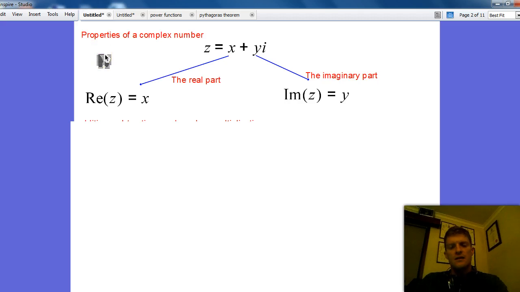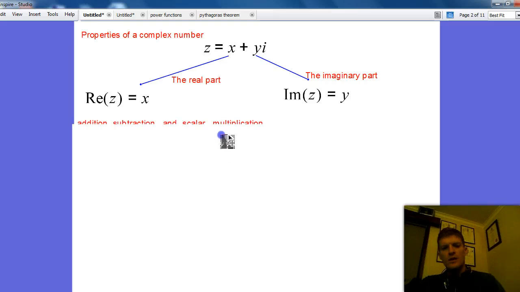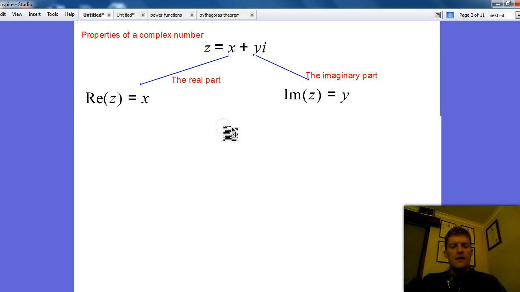It's just the number in the front. And then the imaginary part, Im of z, is the y, the number that is multiplying the i. Okay, and so we use those two functions. These are what we call functions of a complex number: the real part of z and the imaginary part of z.